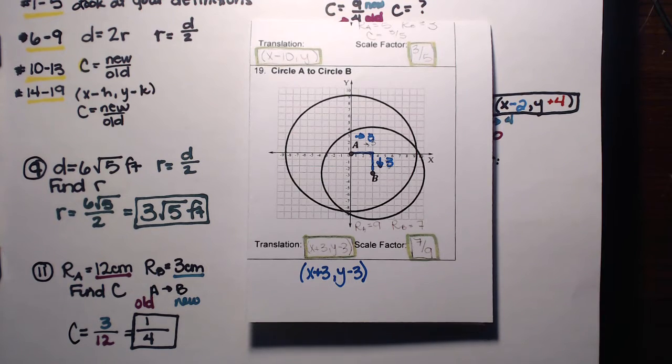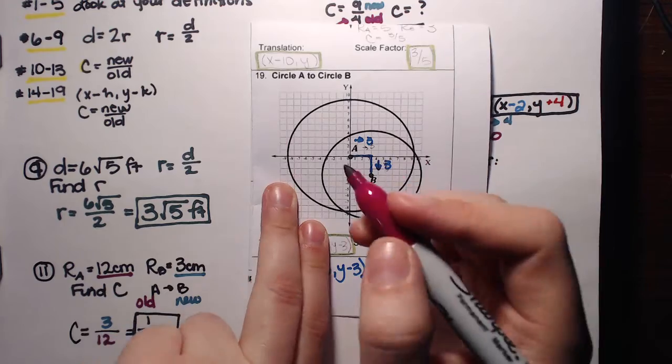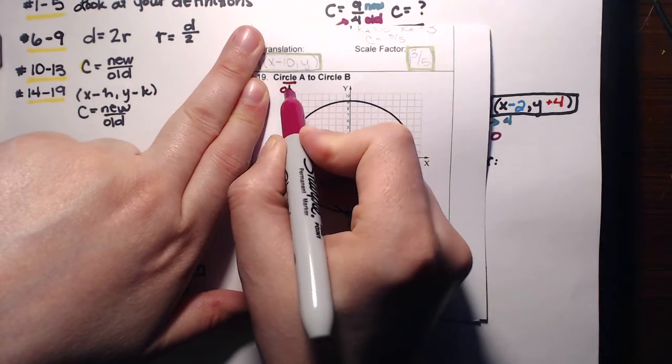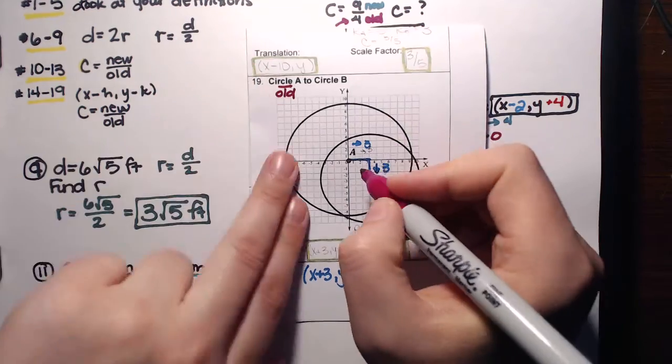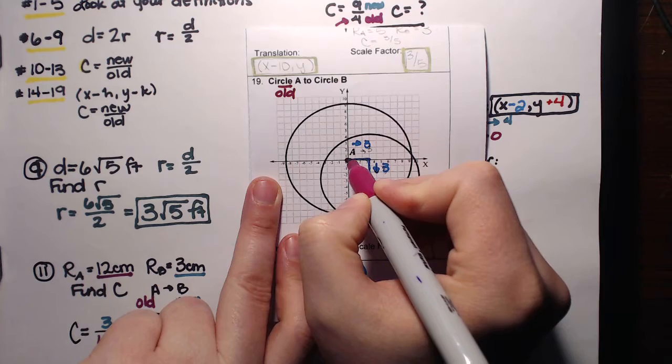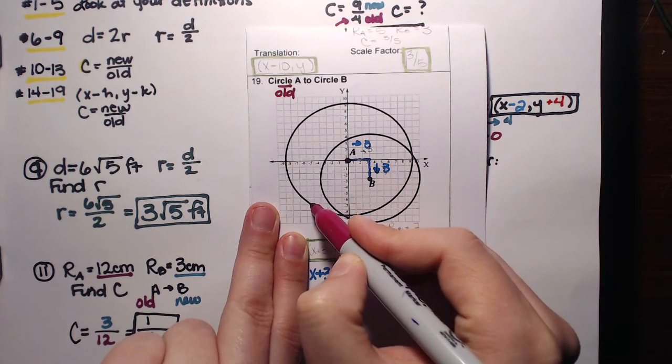Now for the scale factor, I'm going to have to count the radius of each circle. So since I'm starting with A, I'm going to do that one first. That's our old circle. So I'm going to count from the center to the outside of the circle.